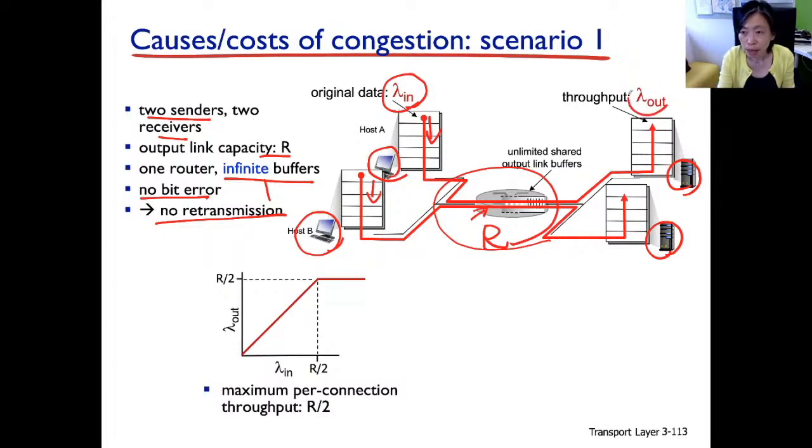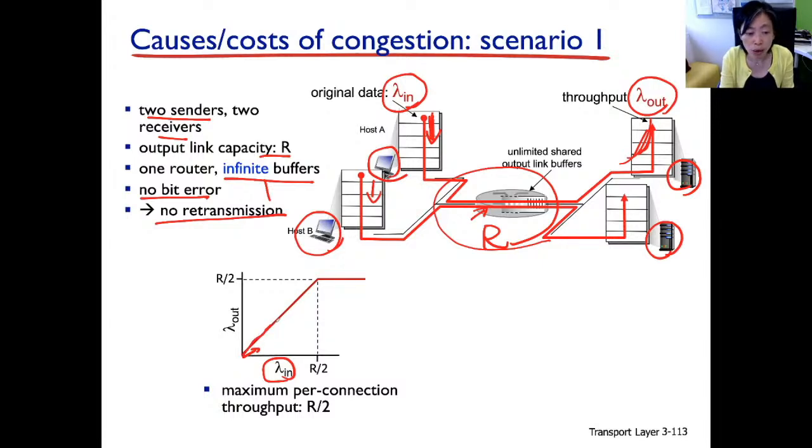Let's use lambda_out to denote the amount of data that arrives at the receiver. Now, when lambda_in is really low, starting from here, when we increase lambda_in, the more data we send in, the more data comes out. So lambda_out will increase accordingly.